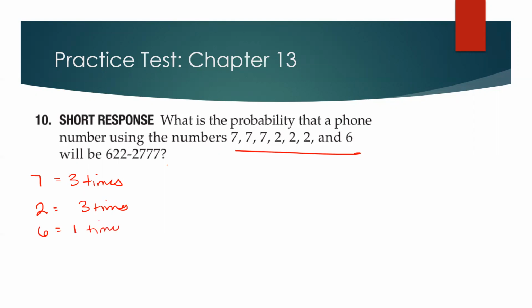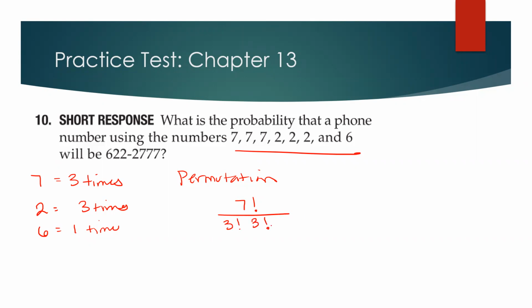Okay, so this is going to be permutations. This is a permutation. So this would be 7 factorial over 3 factorial times 3 factorial.